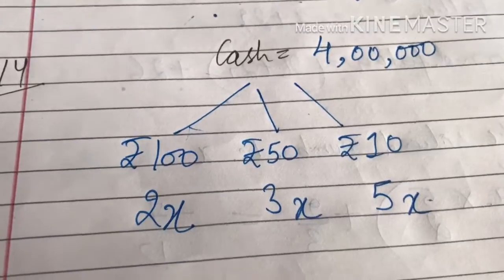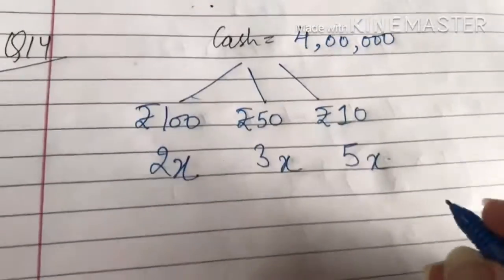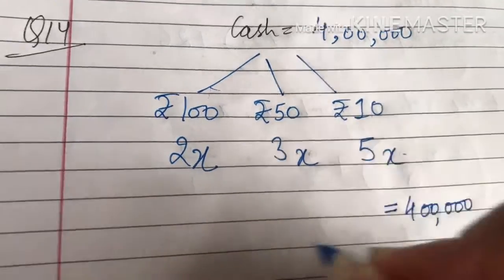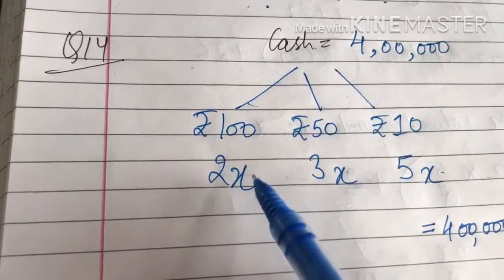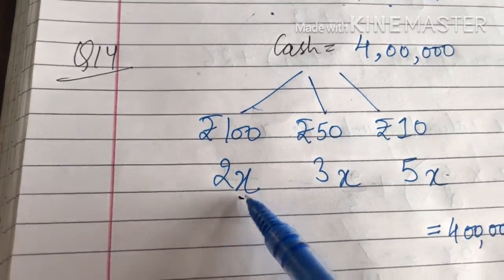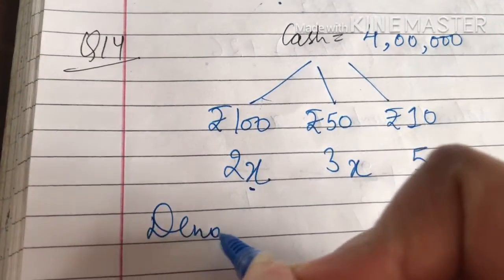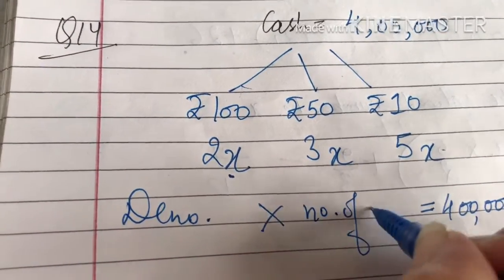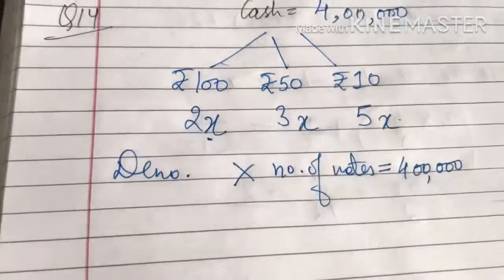Same way here also, if we have a total amount of 4 lakh, how will you get it? You multiply the denomination with the number of notes. So the denomination into the number of notes will give you the total cash.